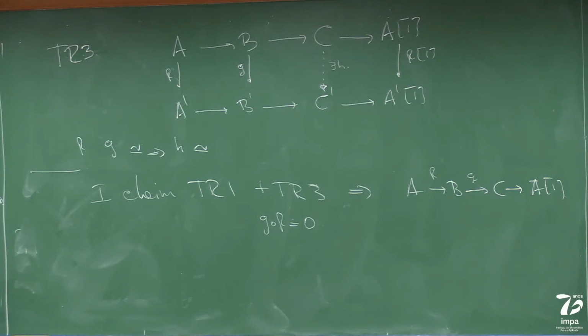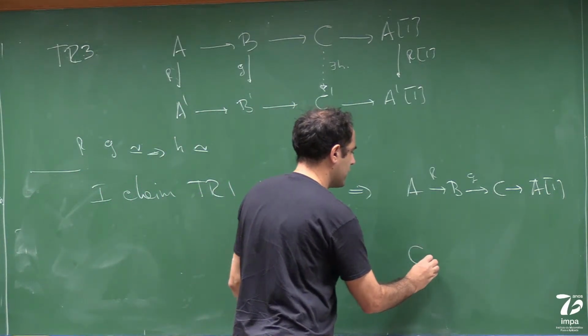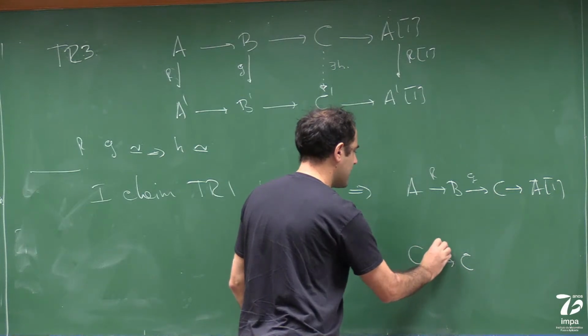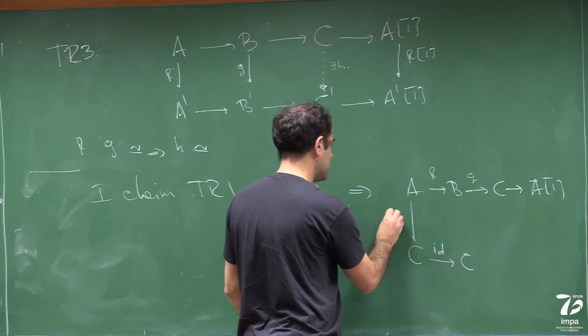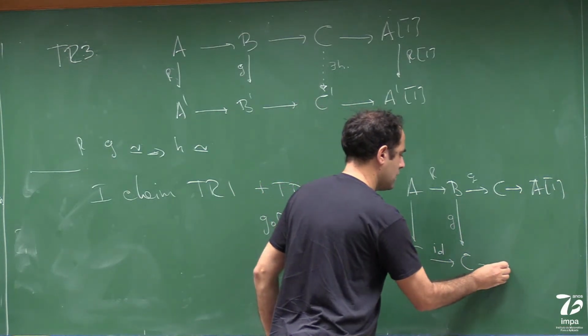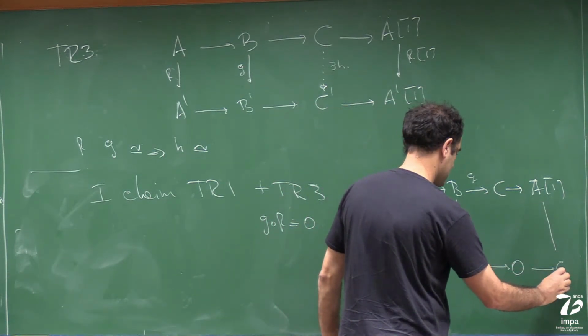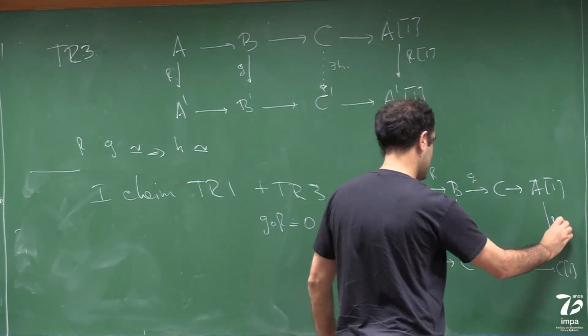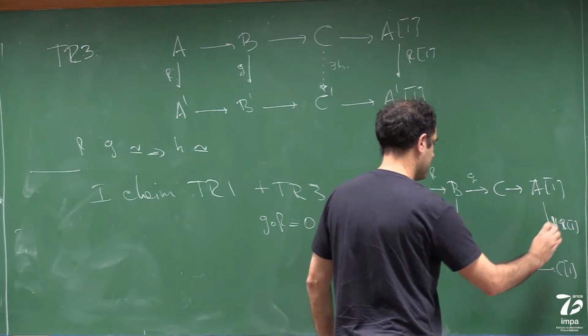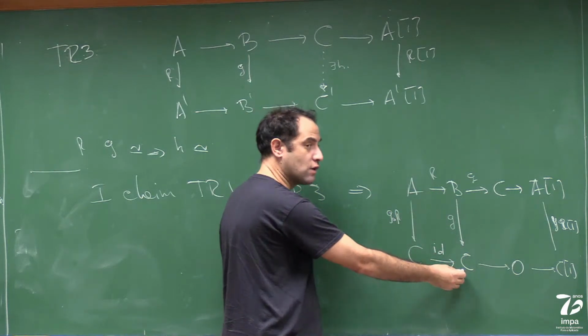I think the only thing that I can think of is C mapping to C by the identity, and here put F composed with G. Here put G. Here put 0. And here put F composed with G, G composed with F shifted by 1. So this and this commutes.